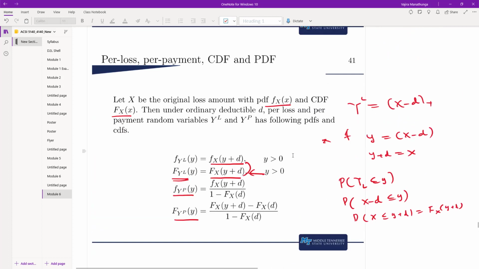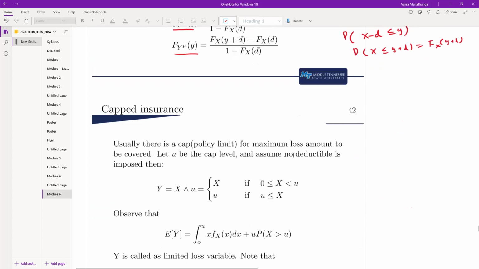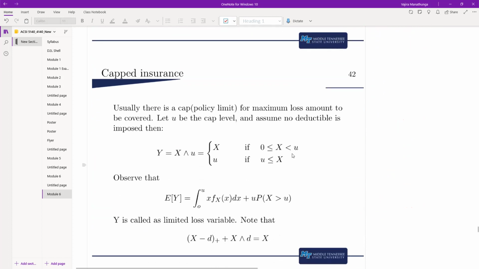So far we talked about deductible. What happens if there is a policy limit or cap? If the policy limit is, let's say, u, then if there's no deductible, we use Y, which is the maximum. This is basically min(X, u). That's X if X is less than or equal to u, and u if it is more than u, because remember it's censored now.